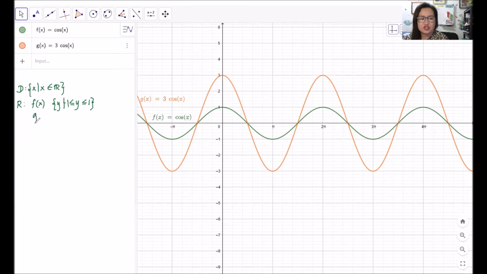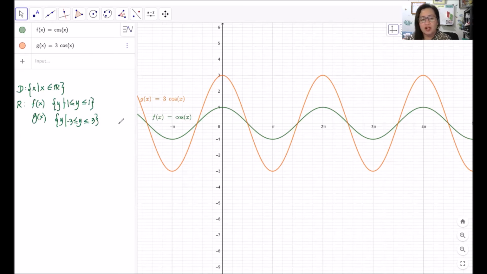However, in g of x, we can see that the range is the set of all y, such that y is greater than or equal to -3, but less than or equal to +3.